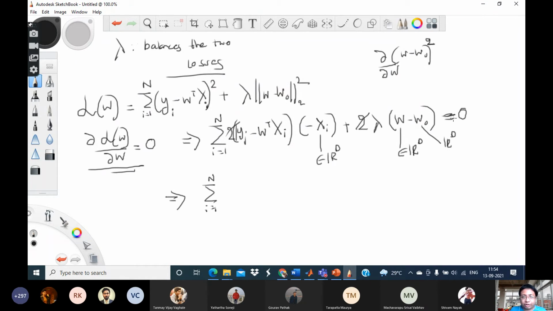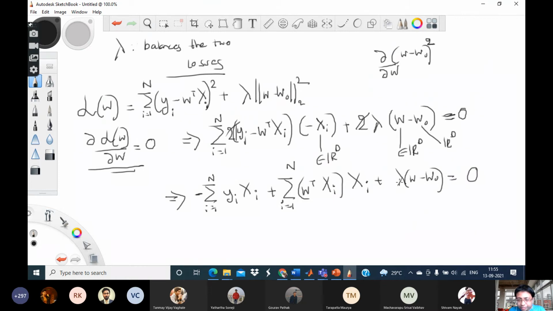So it becomes like this: minus yi xi, plus summation i equal to 1 through n of w transpose xi times xi, plus lambda times w minus w naught equal to 0.